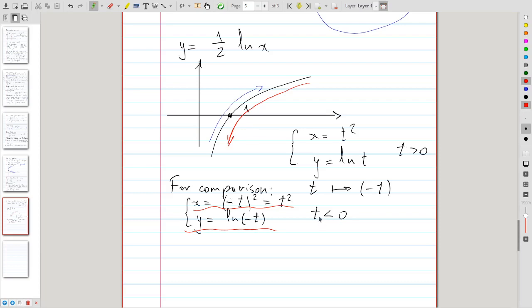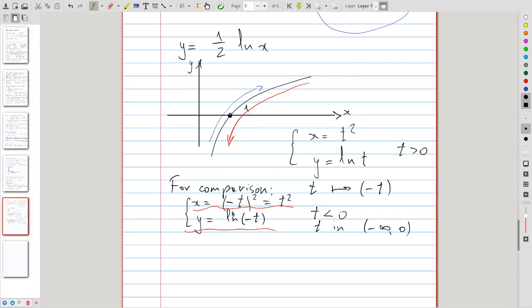So as t grows, think of t as living on the interval from minus infinity to 0. As t grows from minus infinity to 0, its absolute value becomes smaller, so t squared becomes smaller, and our particle is moving towards the smaller values of x.